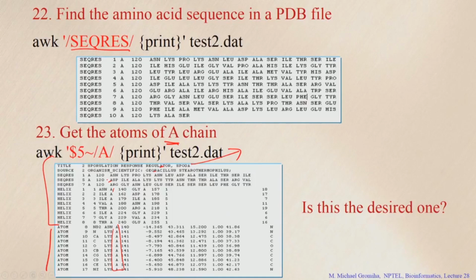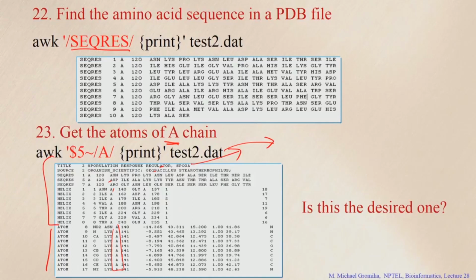So if you give this command, what will it do? It searches field number 5 to see whether it contains A. If it contains A, it will print. This is not the desired result; we do not need this, we need only the atom records. So how can we get the atom records? The first field should be atom.